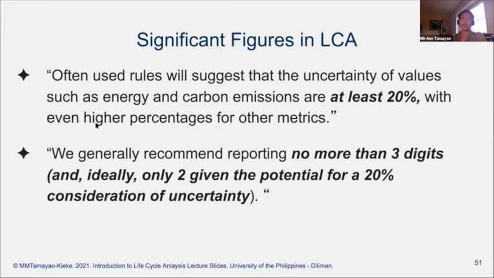The authors of the LCA book generally recommend reporting no more than 3 digits, and ideally only 2, given the potential for 20% uncertainty. Of course, it is still case-to-case. But not up to 20 digits after the decimal point, or even 10. Aside from being hard to read, the numbers are actually meaningless. They just clutter the formatting.